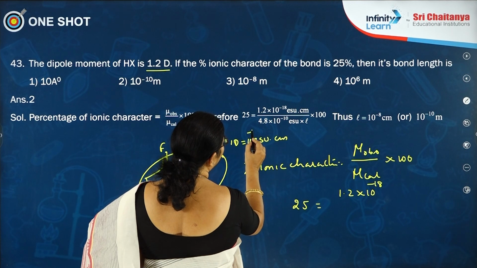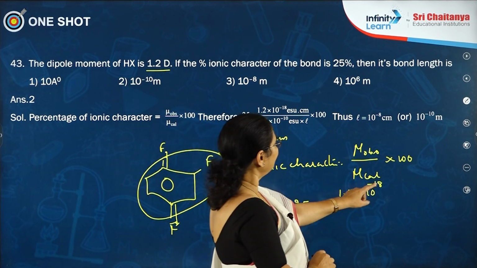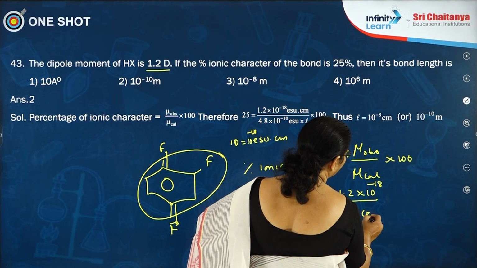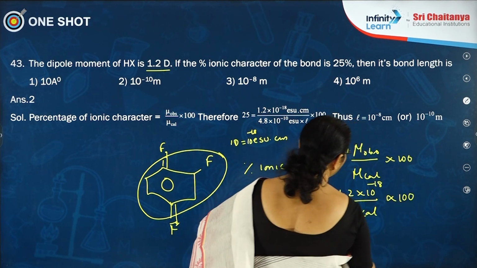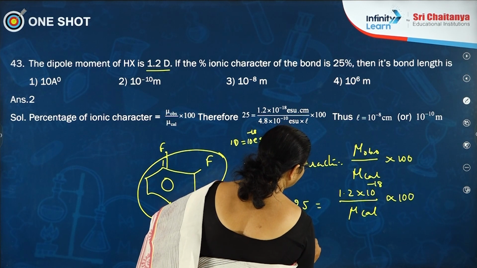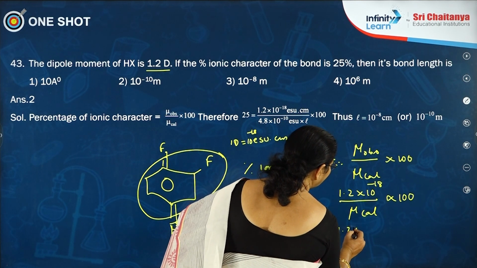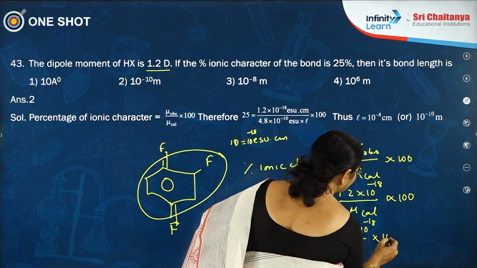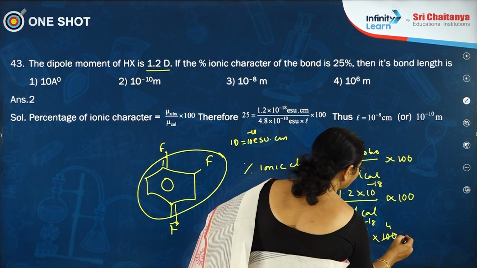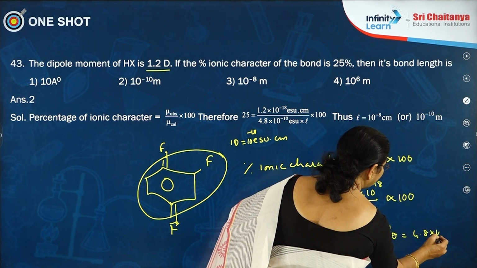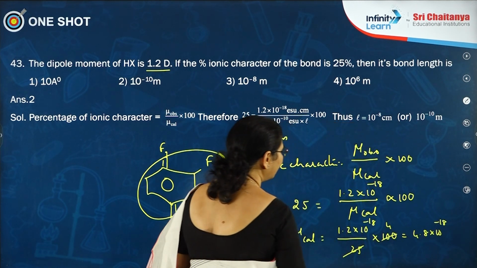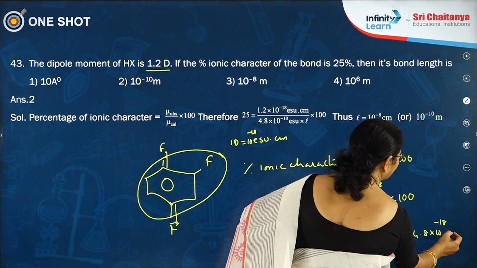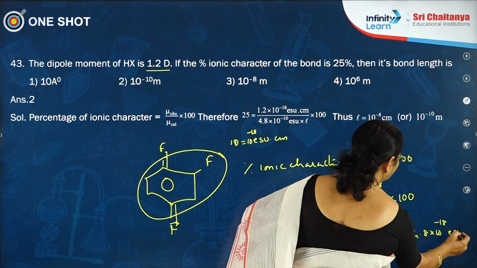So, 1.2 into 10 power minus 18 by mu calculated into 100. If you simplify, mu calculated is equal to 1.2 into 10 power minus 18 by 25 into 100, that is 4.8 into 10 power minus 18 ESU centimeter. This is the mu calculated value.